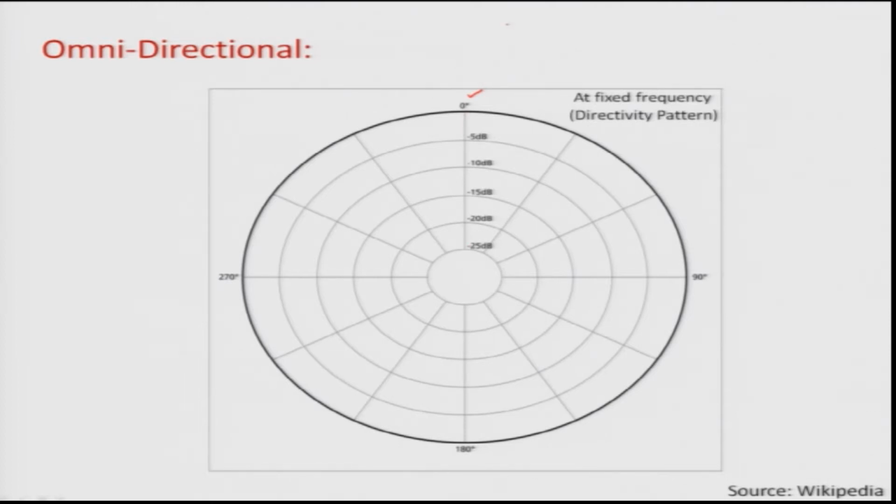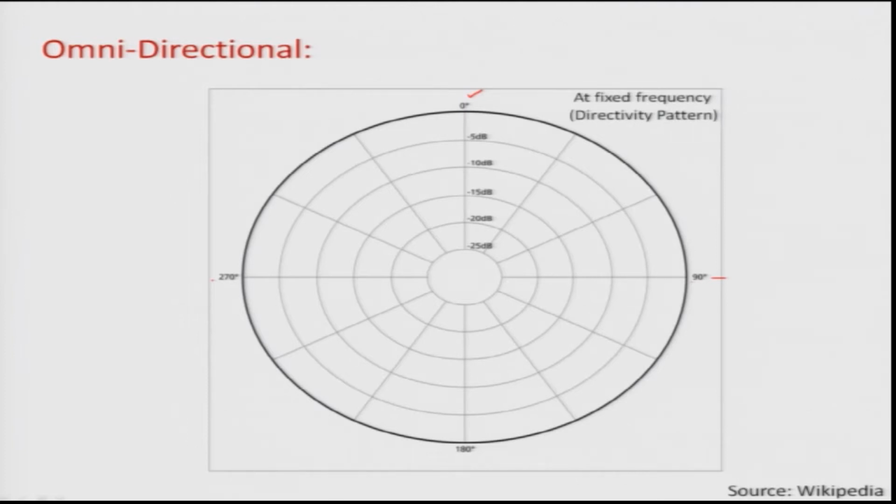If I am far away from the center, then I have more dBs. Because this is a uniform circle, if the noise is coming from 0°, the microphone senses it at 0 dB. If the noise comes from 90°, it still senses at 0 dB. 180° and 270° are also the same, because it is a uniform regular circle.